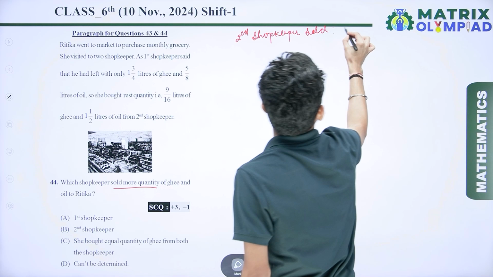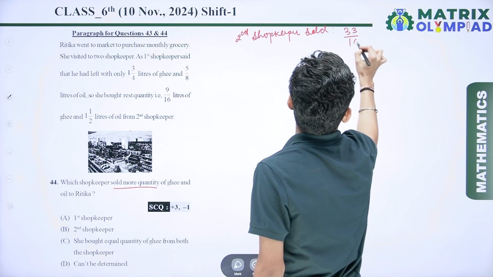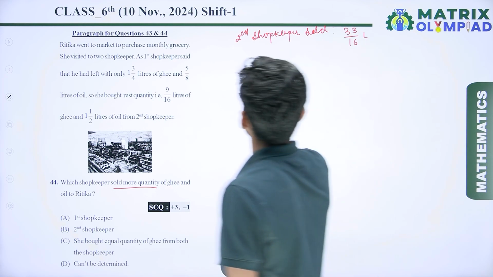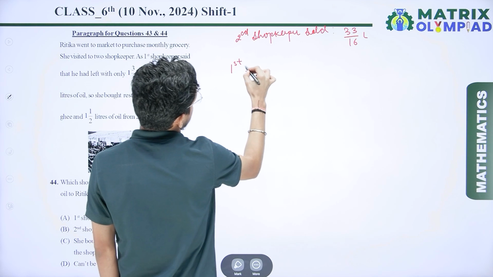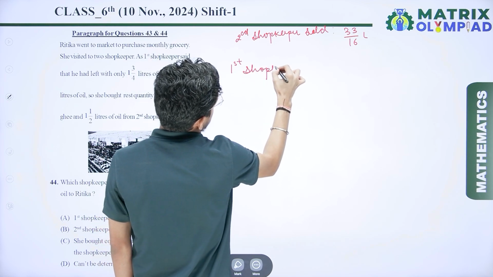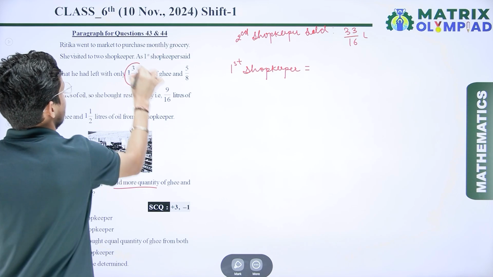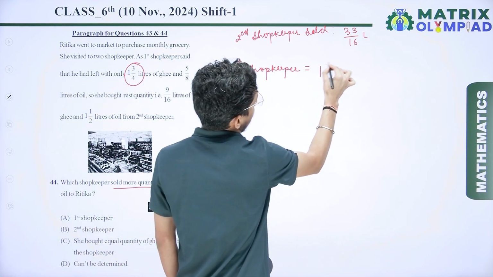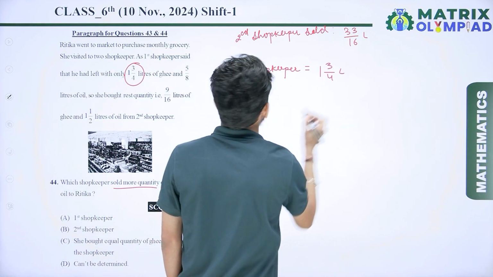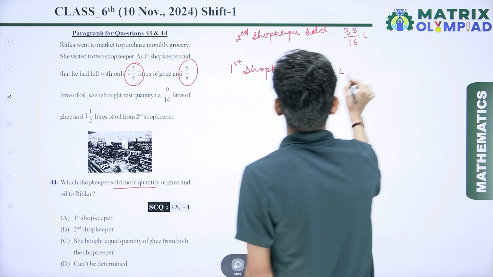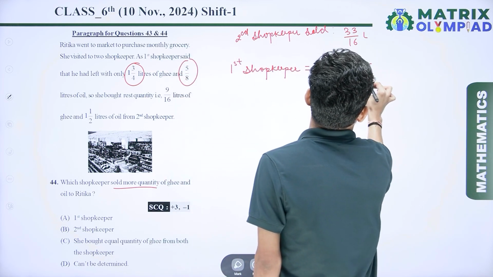So I can write here 33/16 liter. And if I talk about the first shopkeeper, he sold ghee, that is 1 and 3/4 liter, plus 5/8 liter of oil.